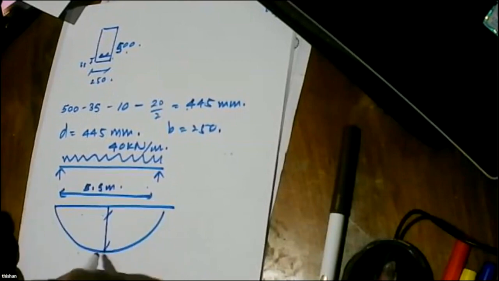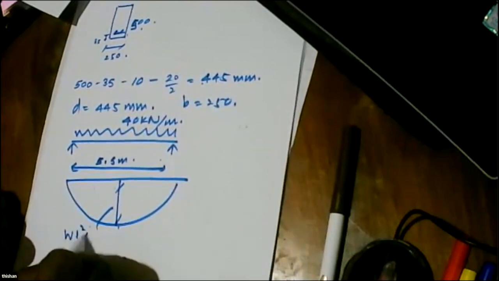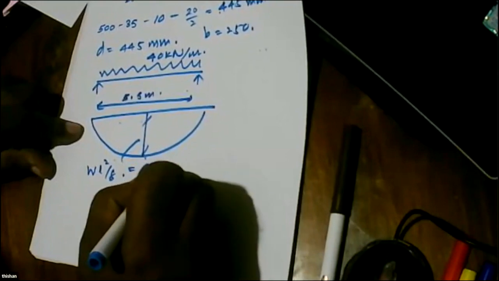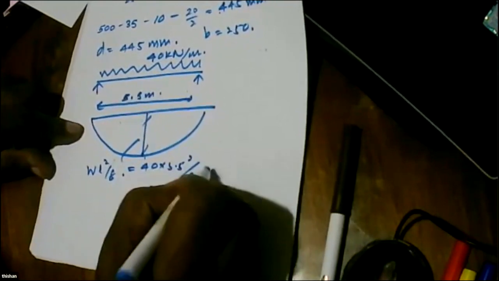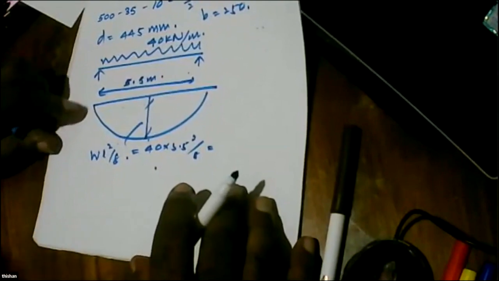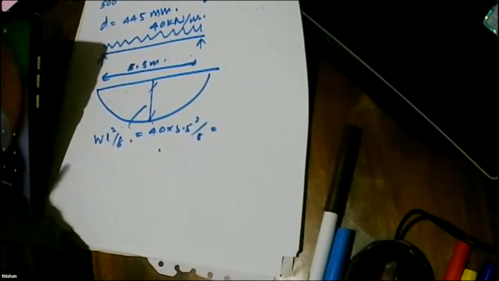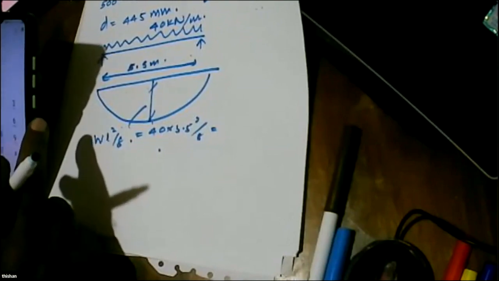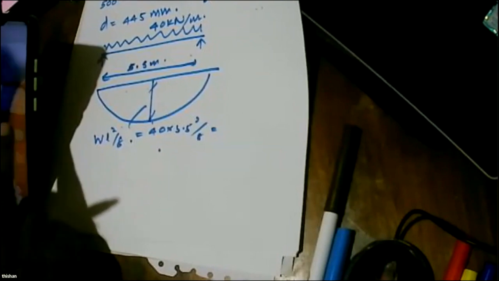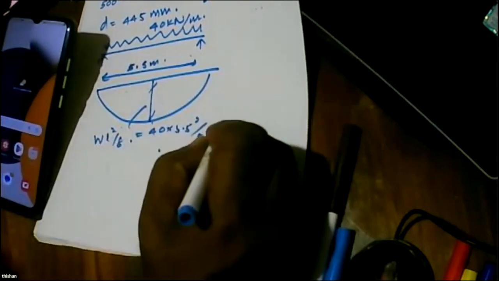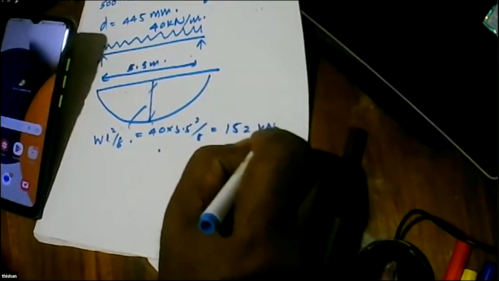W is called weight, and we get M equal to 40 times 5.5 squared divided by 8. Can somebody tell me what's the answer? 151.25, let's say 152 kilonewton meters.